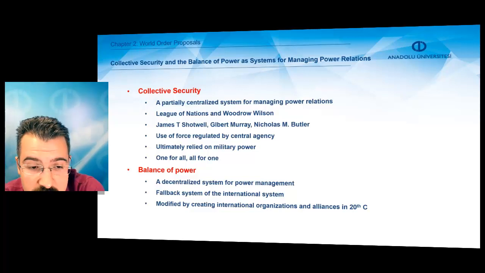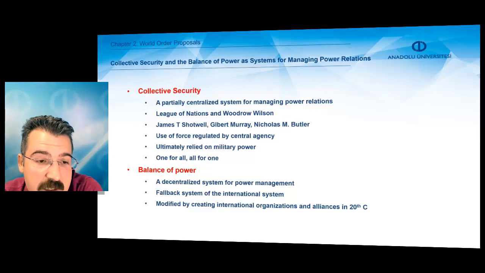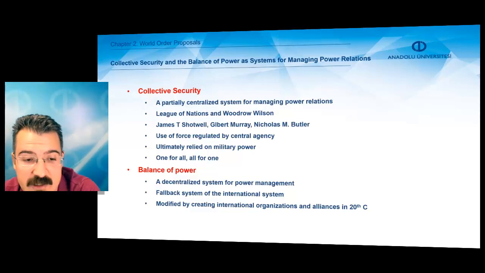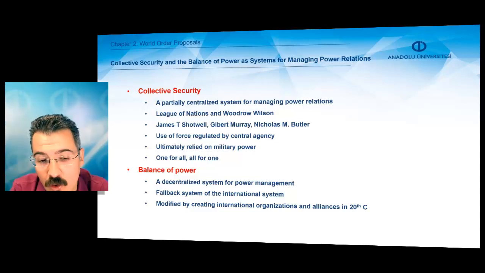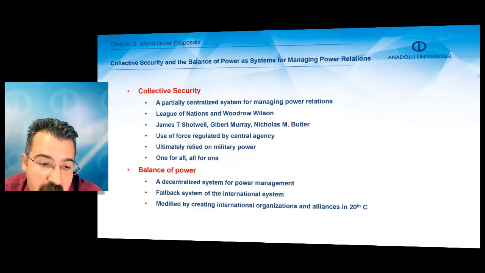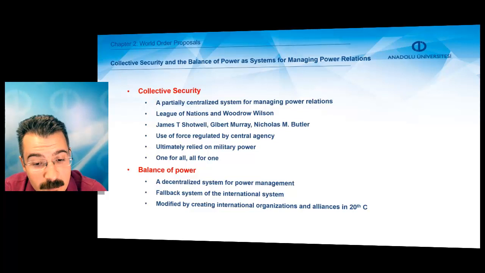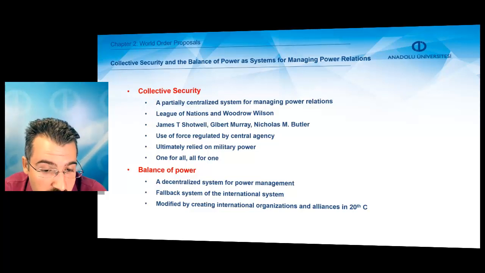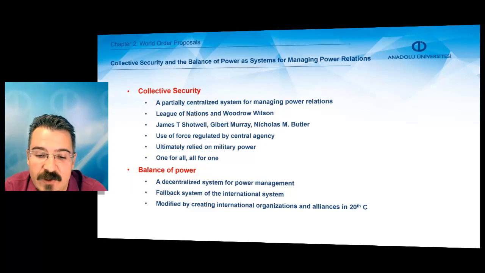According to collective security, the use of force must be regulated by a central agency, and ultimately this idea relies on military power. It is kind of a one-for-all, all-for-one proposal. Balance of power, on the other hand, is a decentralized system for power management. Scholars argue that balance of power is kind of a fallback system of the international system.